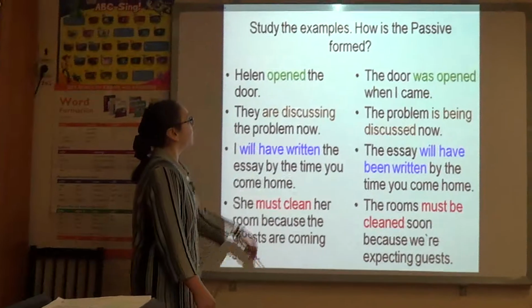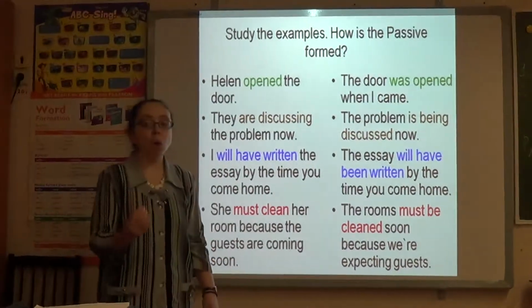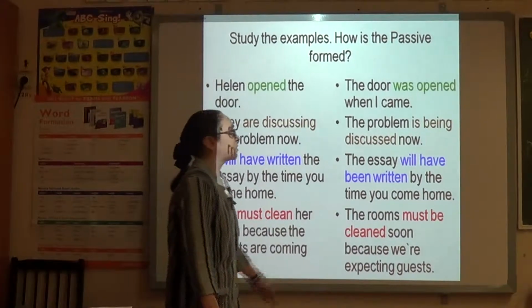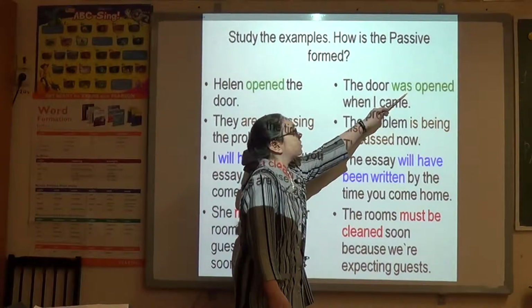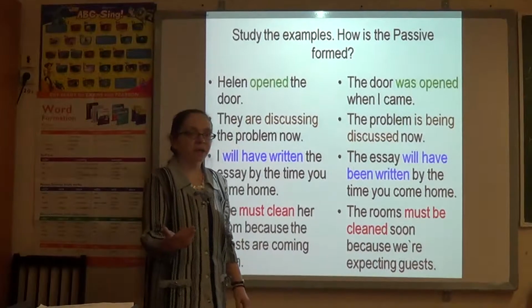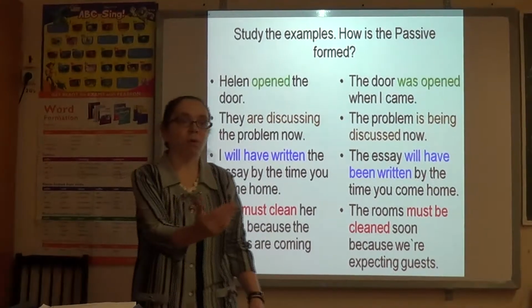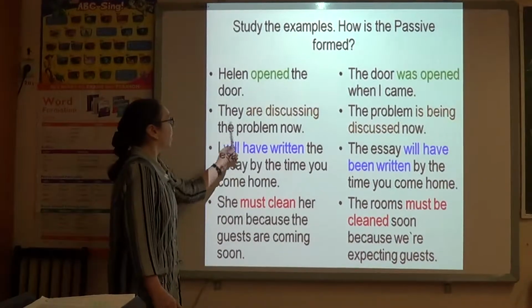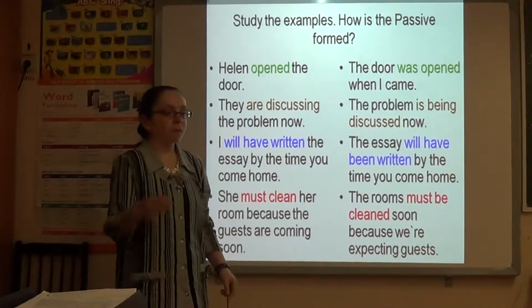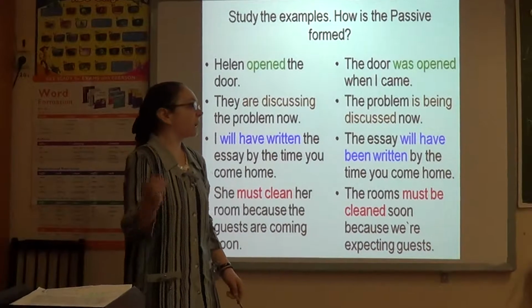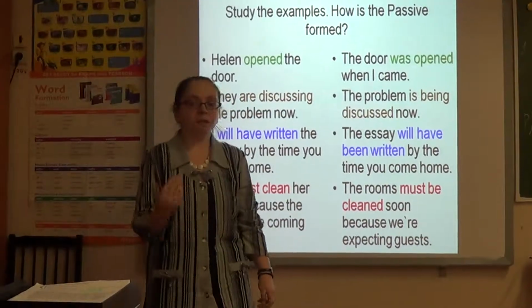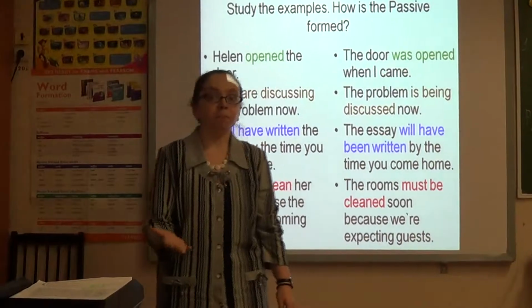In the active, we say, Helen opened the door. In the passive, it becomes, the door was opened. When I came, I saw the door is not closed, it's open. They are discussing the problem now, whereas in the passive we say the problem is being discussed.